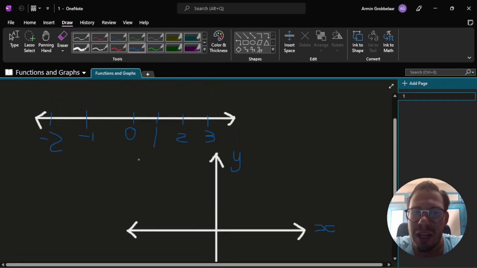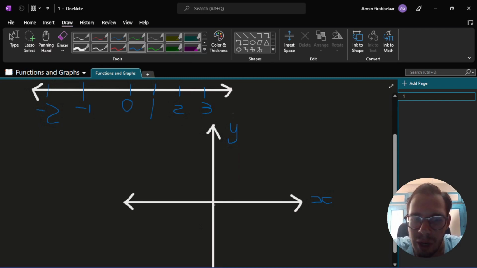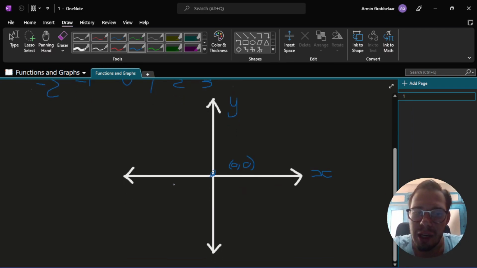So just as the same at the top here, right here in the middle, we have the point 0, 0, because that's where x is 0 and where y is 0. Then on the left hand side here, the x is negative.